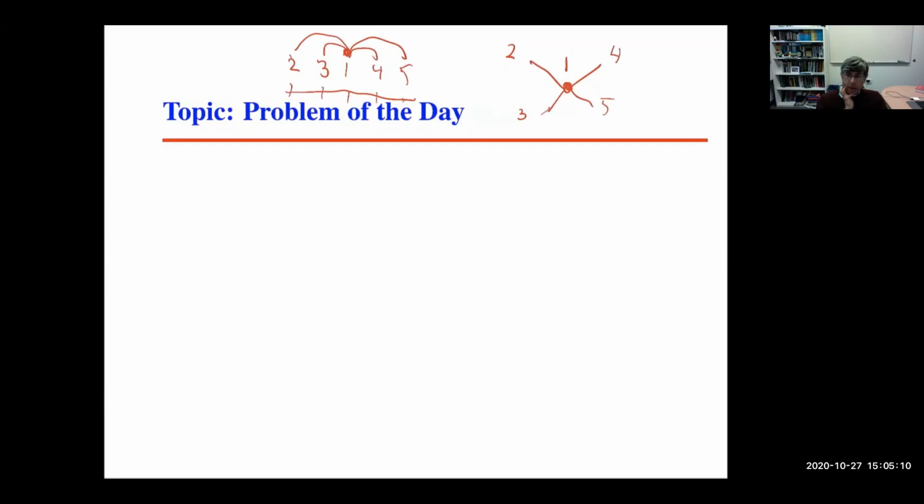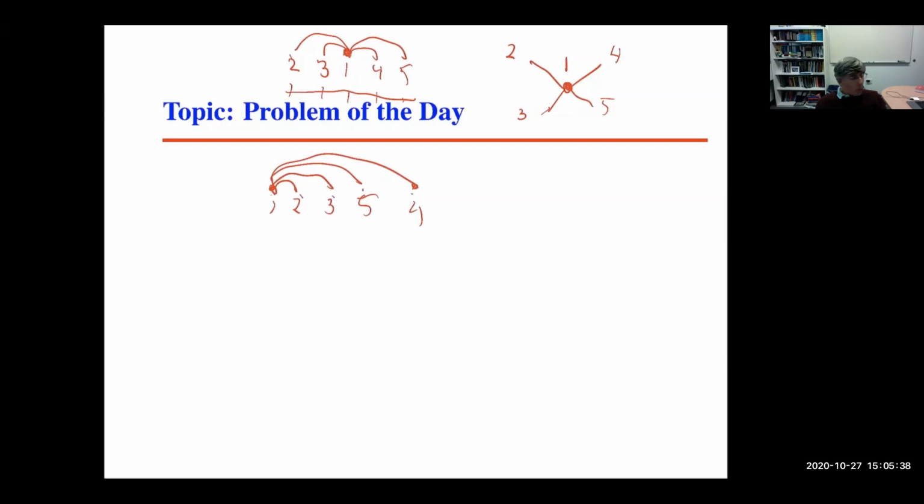Now there are other permutations. Suppose I put the permutation as being 1, 2, 3, 5, 4. Okay, what would this graph look like? Now the edge from 1 to 4 has a distance of 1, 2, 3, 4.